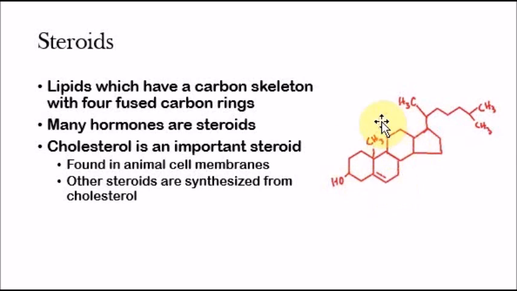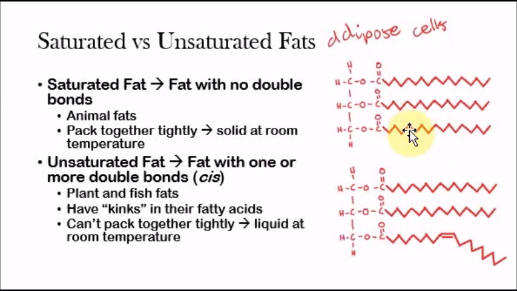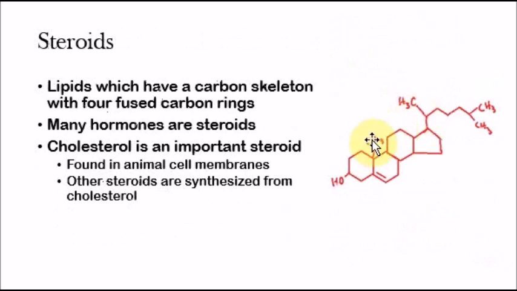Just like we have jagged lines to represent hydrocarbon tails, in biology and organic chemistry we also have these rings to represent carbon rings. We have these hexagons and shapes like that. So steroids have a carbon skeleton with 4 fused carbon rings.